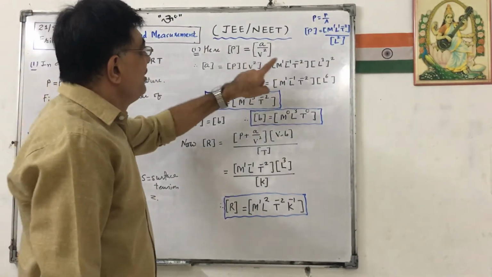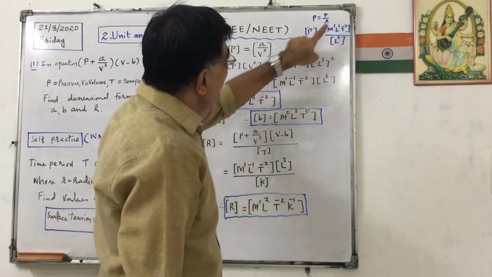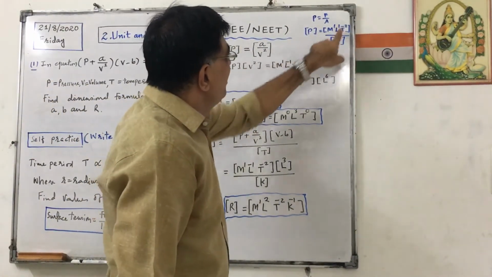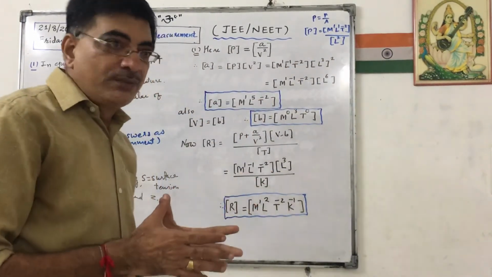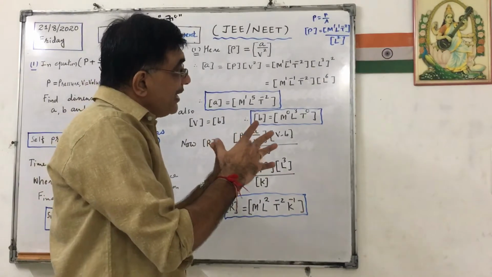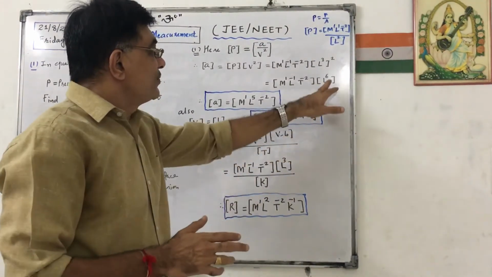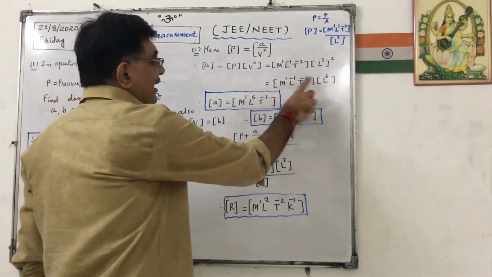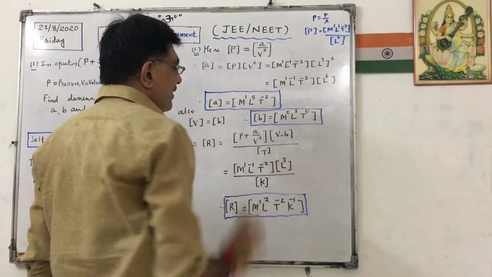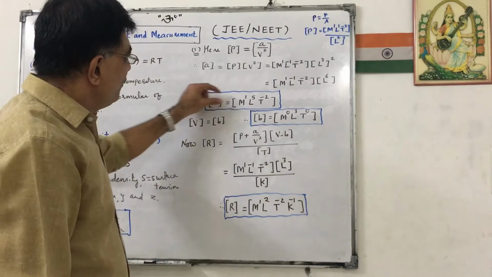So pressure will be M¹L⁻¹T⁻², into volume. Volume is L³, but we have to square it, so it will be L⁶. So M¹L⁵T⁻². That is the dimensional formula of A.